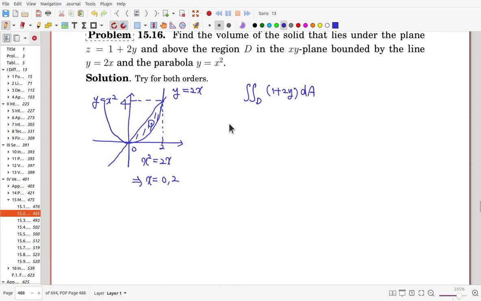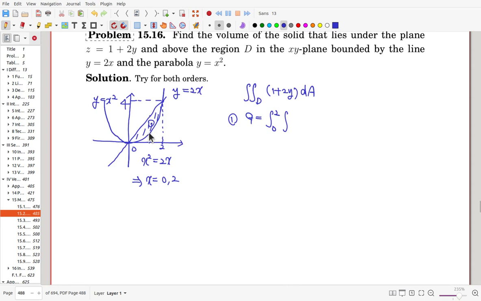So let's try to get the integral with x as the outer integral first. Then the given integral is the same as x moving from 0 to 2. Then for each x, there is a bottom y and a top y.